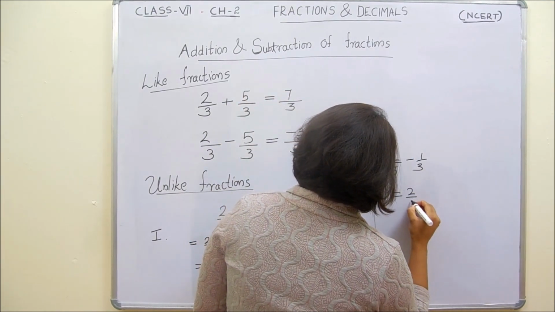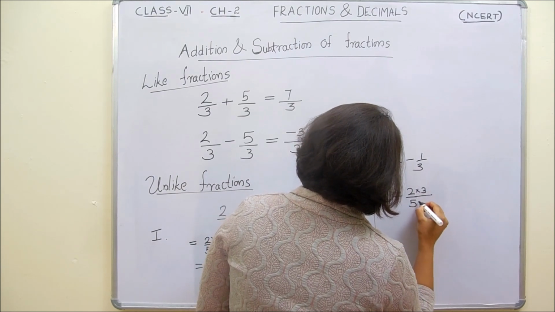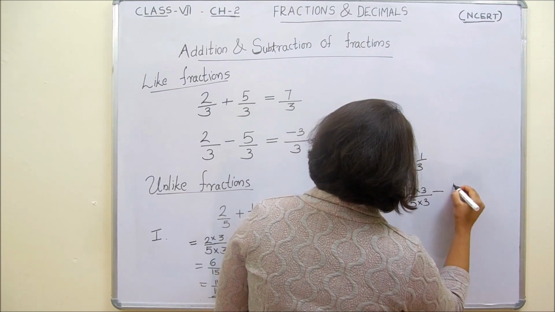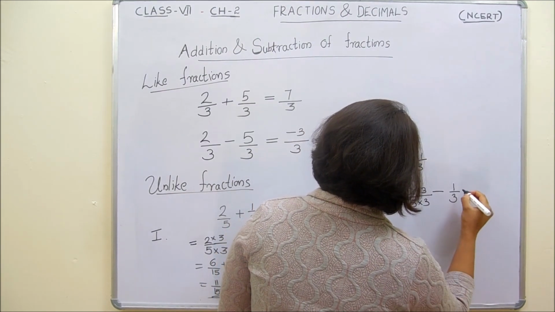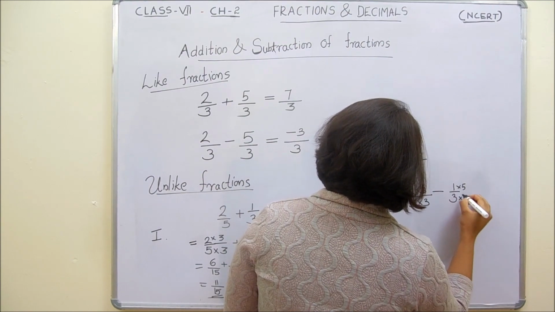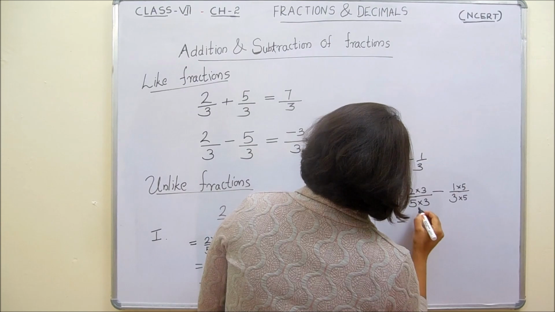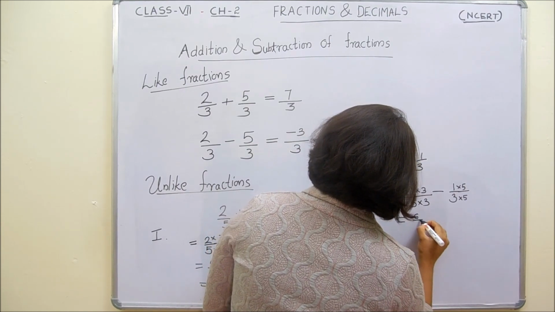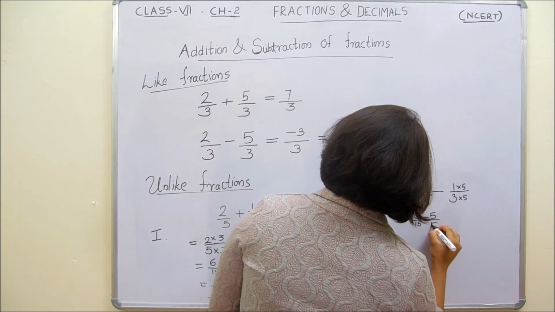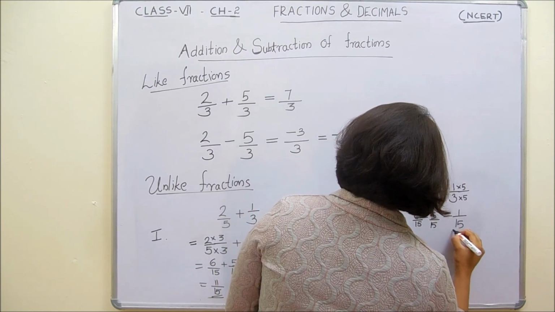So 2 by 5, we multiply the first fraction, both numerator and denominator, by 3, minus 1 by 3, the second fraction we multiply by 5 on both the numerator and the denominator. So it is equal to 2 into 3 is 6 by 15 minus 5 by 15. That is equal to 1 by 15.